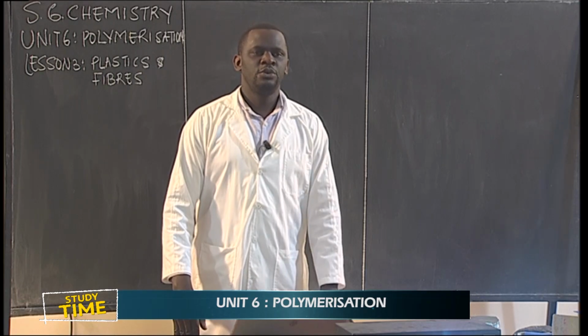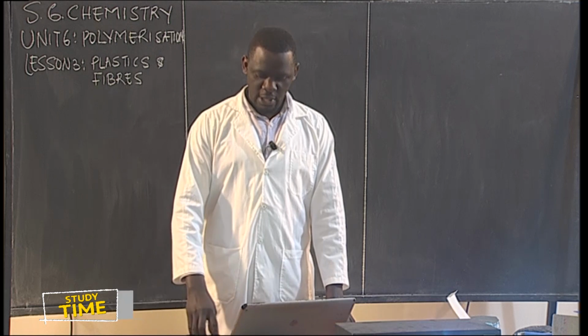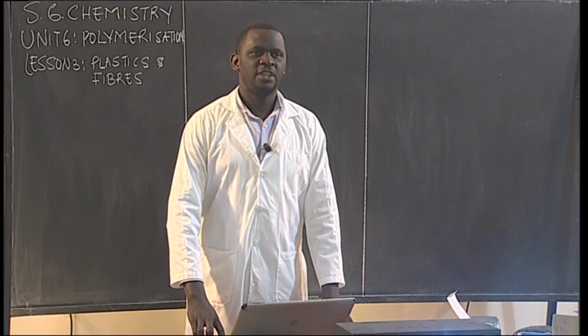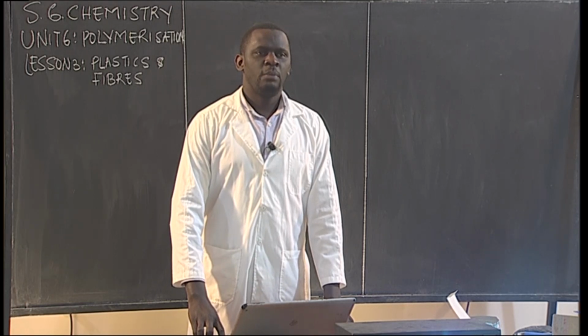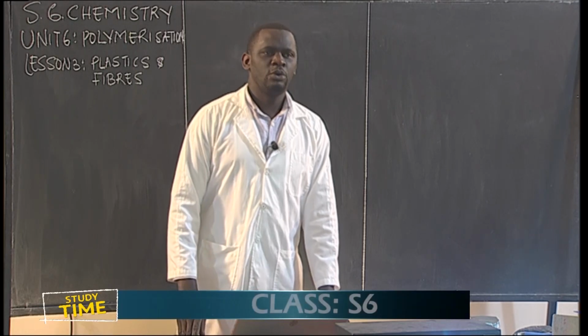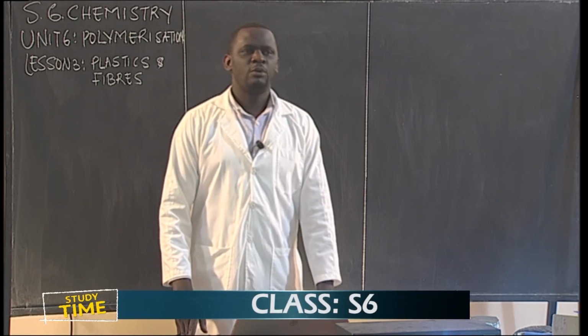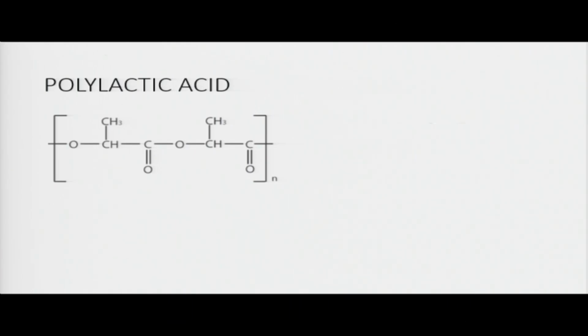But before we continue, let's look at what we looked at last time on our slides, because our time was little and we didn't cover all of them. I had left you with some work last time. I told you to draw, or illustrate, the polymer of polylactic acid. So this is our polymer.